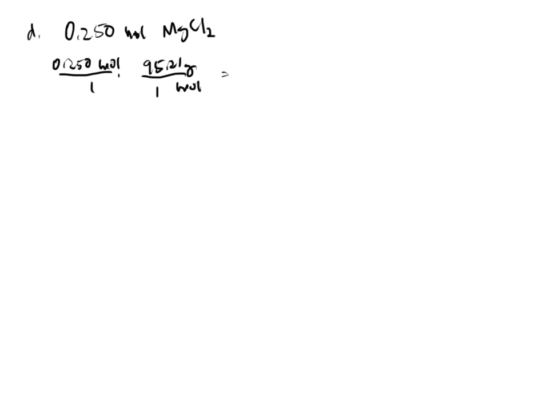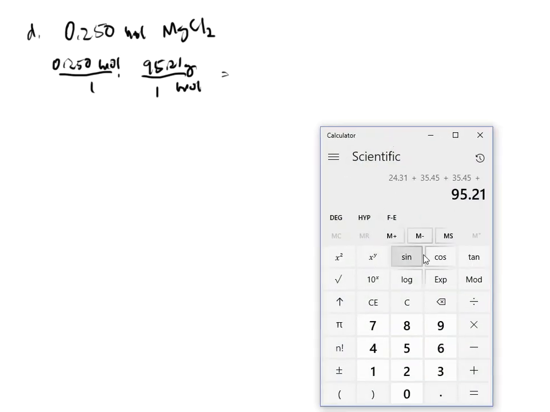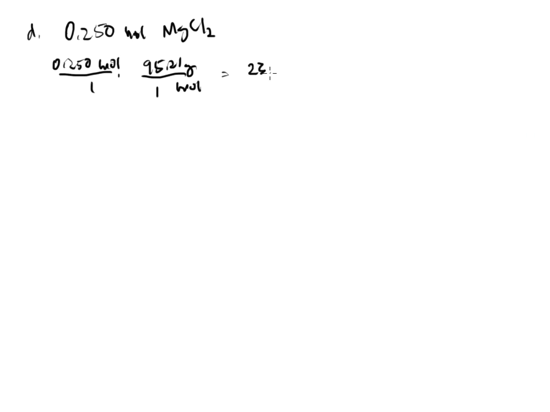Well, if I only need a quarter of a mole in the laboratory, 0.250, I'm going to multiply that by 95.21, and I'm going to get 23.80 grams. If that's what I weigh out in the laboratory using a balance, that represents 0.250 moles of magnesium chloride.